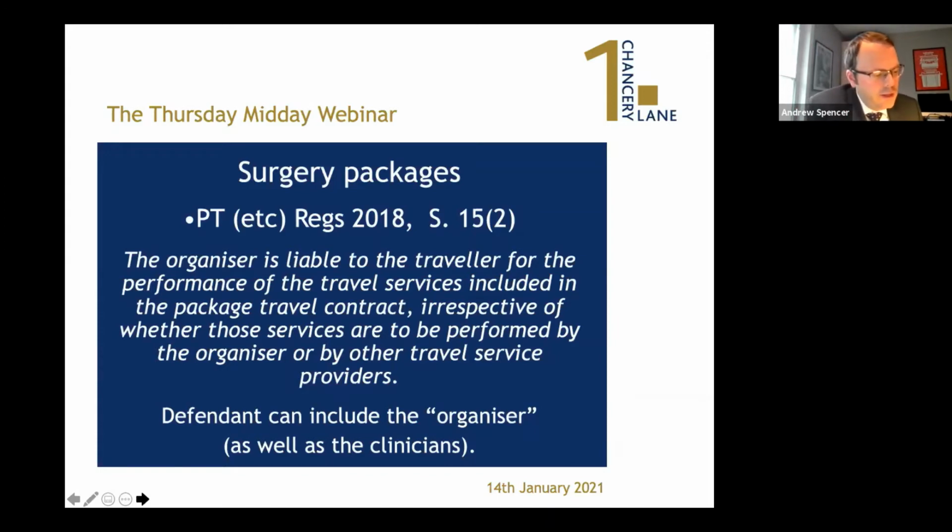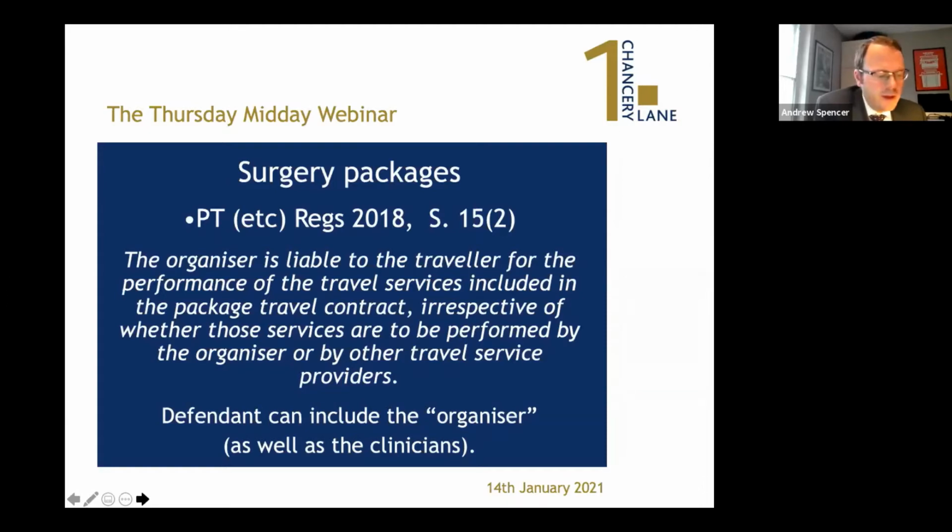I'm not going to read it out, but suffice to say the key point about packages is that there is one party, the organizer, who is liable for all of the components. So to quote from the directive that this is based on, there is one trader responsible as an organiser for the proper performance of the package as a whole.